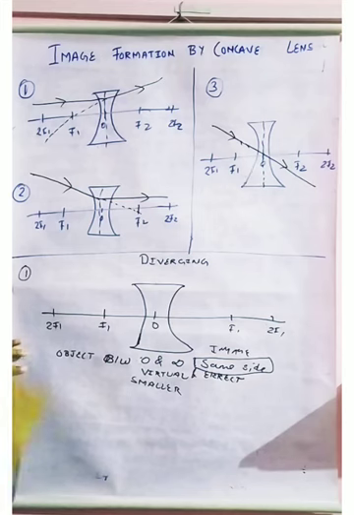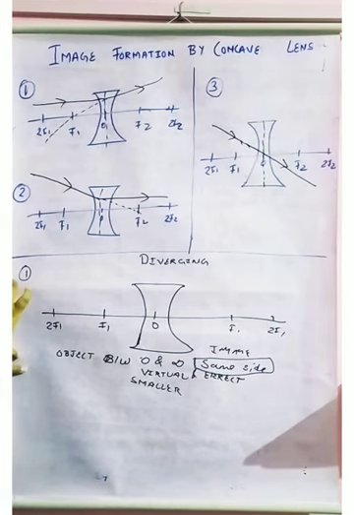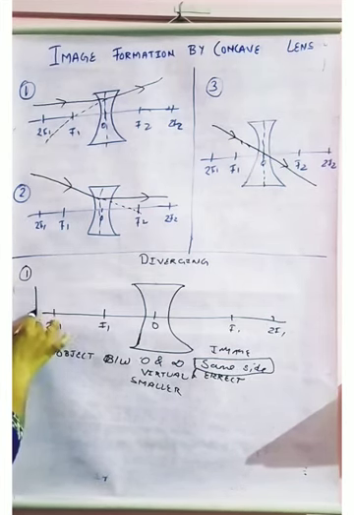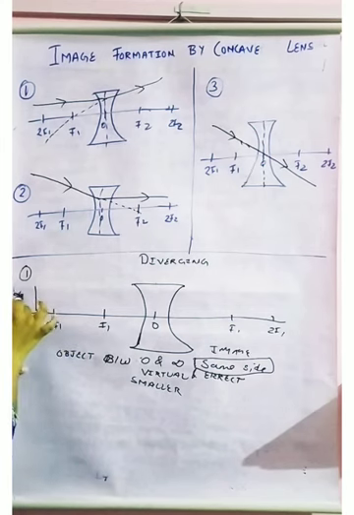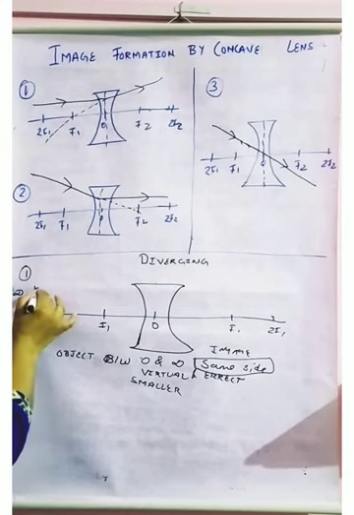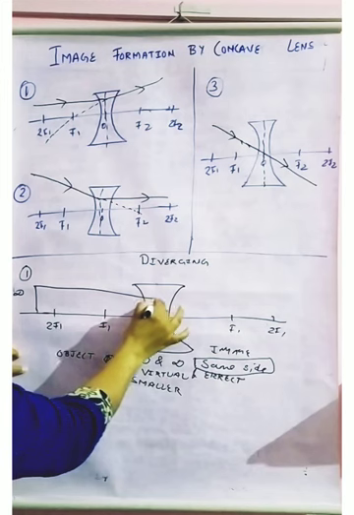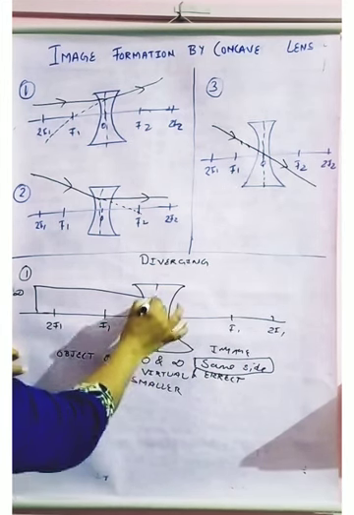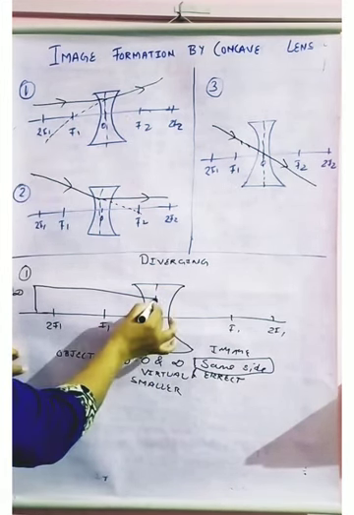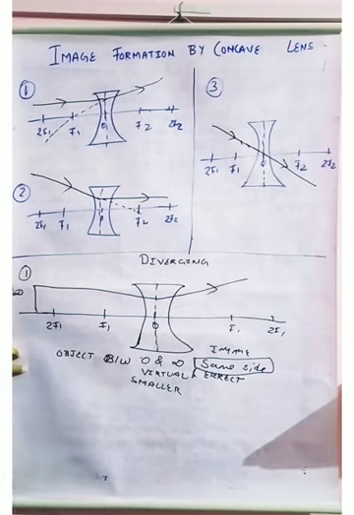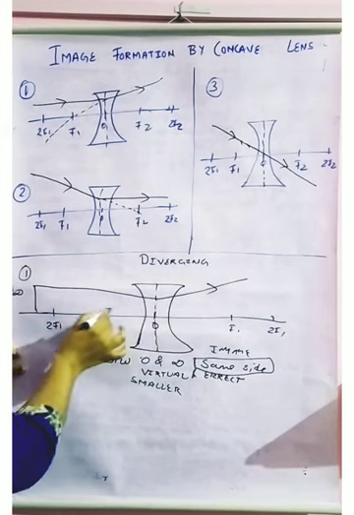Okay, so when the object is placed somewhere between infinity and optic center, one ray comes parallel to the principal axis. When the ray comes parallel, it will get deviated. When I extrapolate it backward, I will draw it.